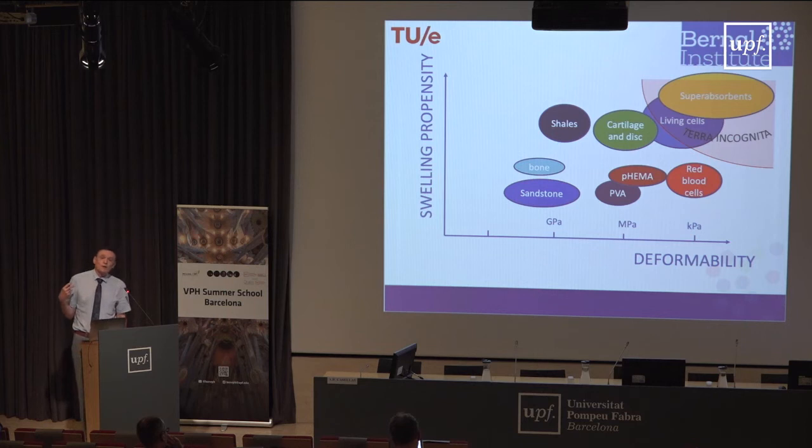But if you talk about intracellular space, you're up to kilopascal stiffness and very high swelling propensity. And especially in that upper right corner there, we get really into trouble. Why? Because the high swelling and high deformability makes the models and the materials extremely versatile and even sometimes unstable.